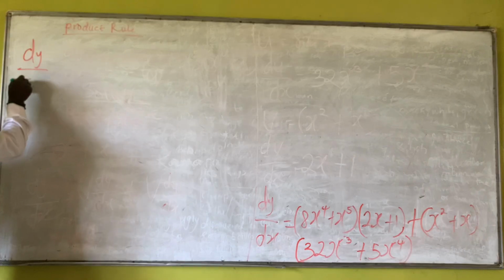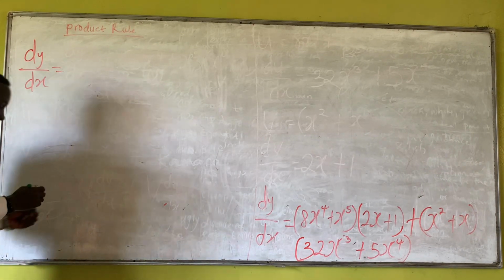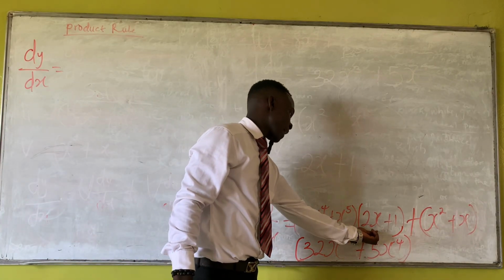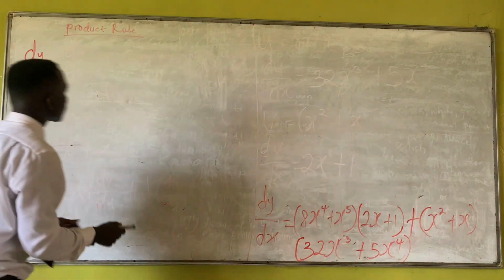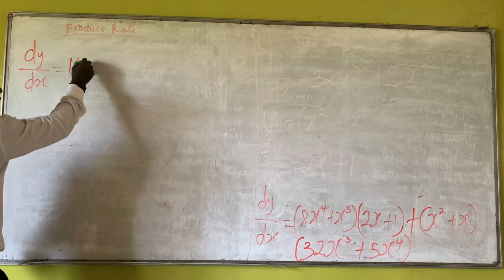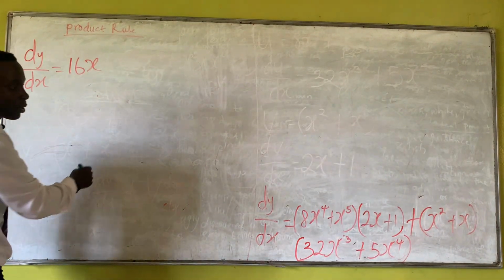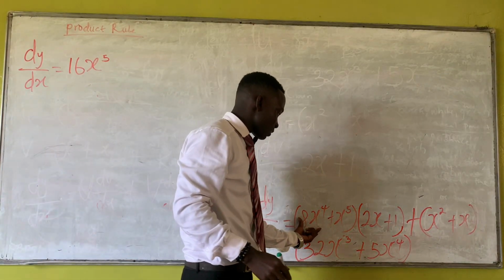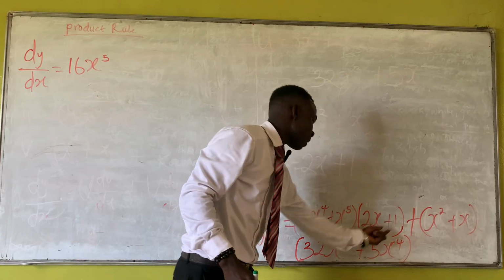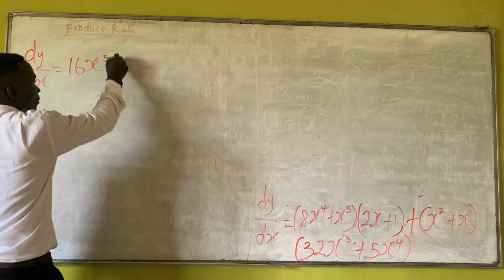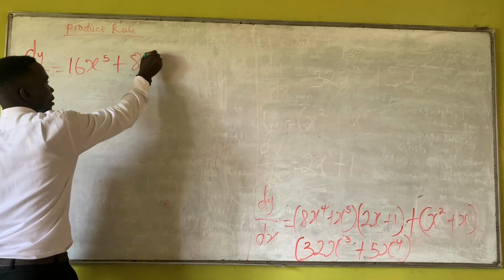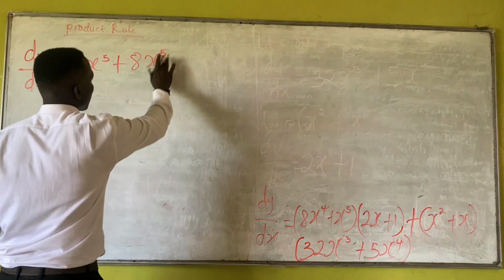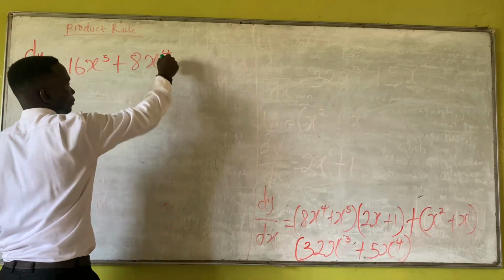dy all over dx will be equal to x raised to power 4 times 2x will give us 16x raised to the power of 5. 8x raised to power 4 times 1 will give us plus 8x raised to the power of 4.